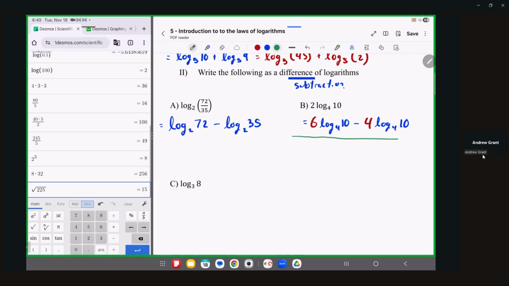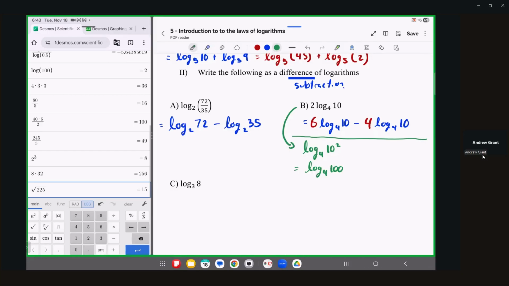Now, if you didn't think of that, which is completely reasonable, what you would want to do is to move the 2 using the power rule of logs back up onto the 10. So we would make this log base 4 of 10 to the power of 2. 10 to the power of 2 is 100. And now we need to think of any 2 numbers that divide to give you 100.